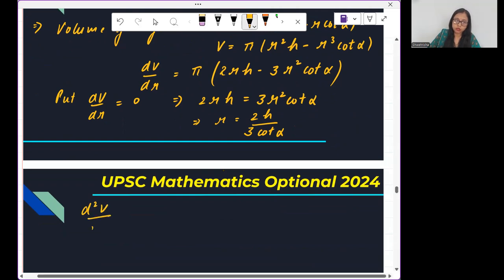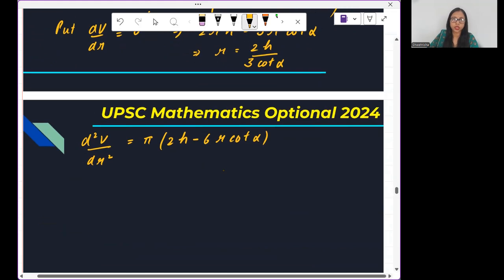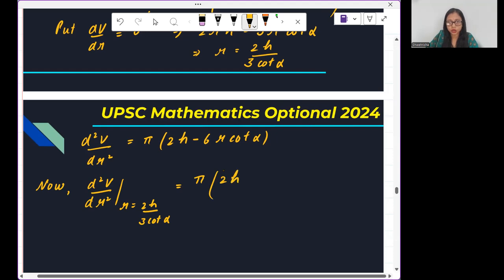The double derivative is pi common, 2h minus 6r cot alpha. Now d square V by dr square at r equals 2h divided by 3 cot alpha: substitute the value of r, minus 6 times 2h divided by 3 cot alpha times cot alpha.